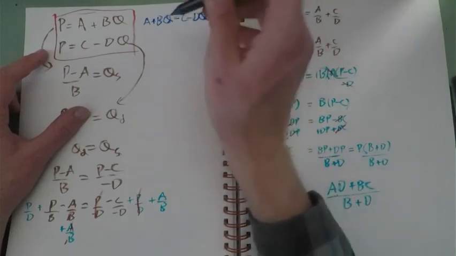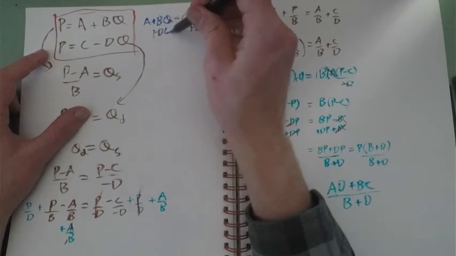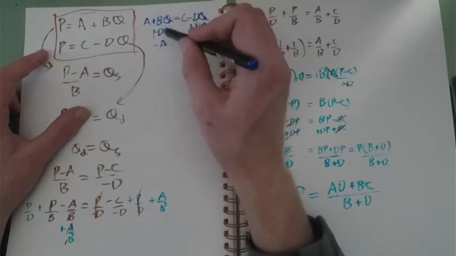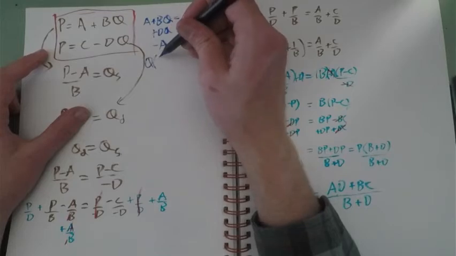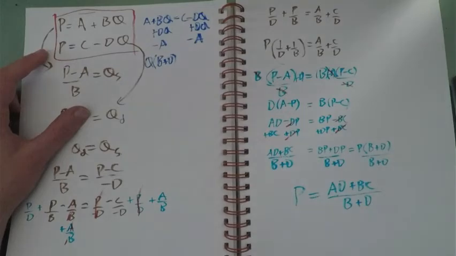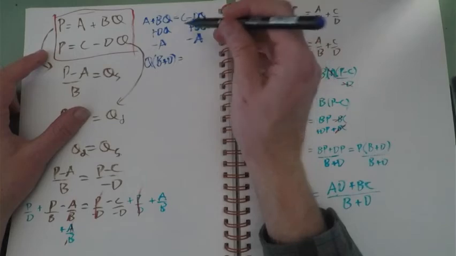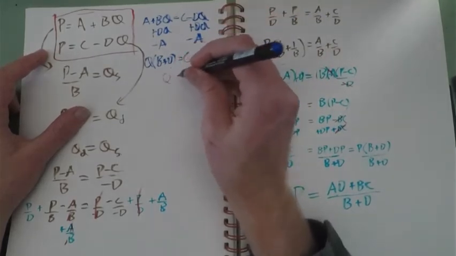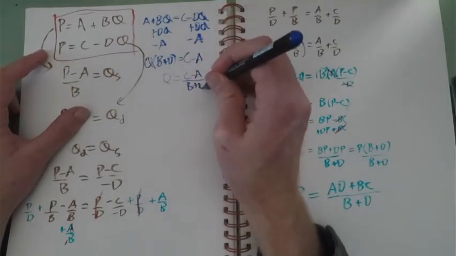I want to move the Q over, so I'll add DQ, and I'll subtract A. So now I've got BQ plus DQ, and I'm going to skip a step and just factor straight out. There's Q times B plus D, and this is equal to C minus A. Q equals C minus A over B plus D.